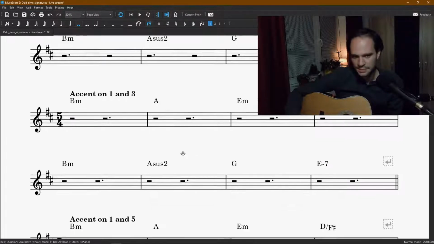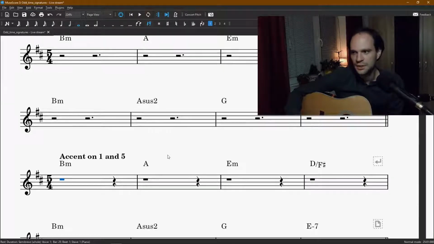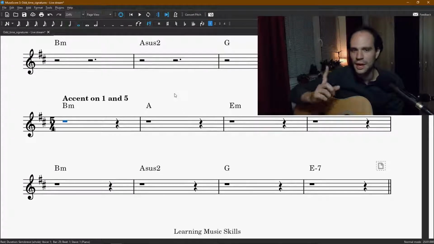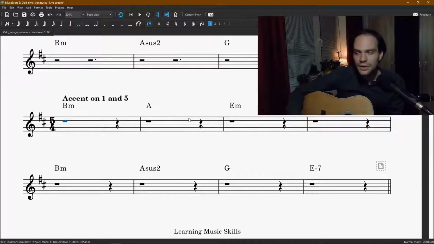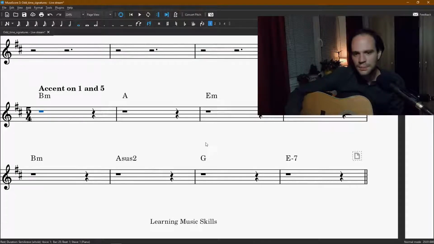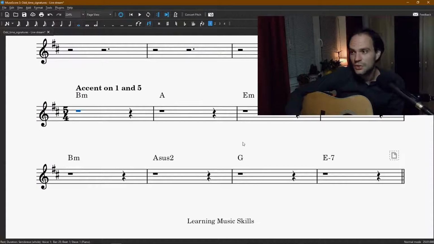So that's one of the first things you think about when you're in 5/4: okay, is it divided in 2 and then 3, or in 3 and then 2? But of course, you can go beyond that. It can give your music really something special, and the listener will also notice.